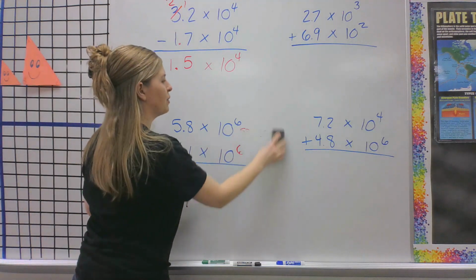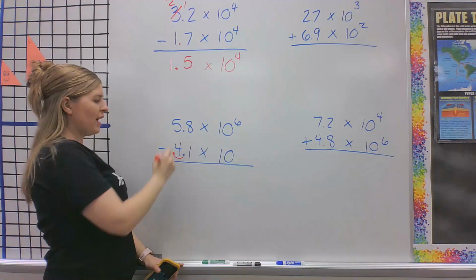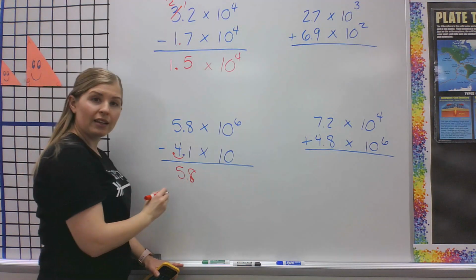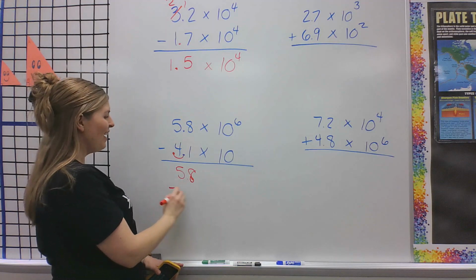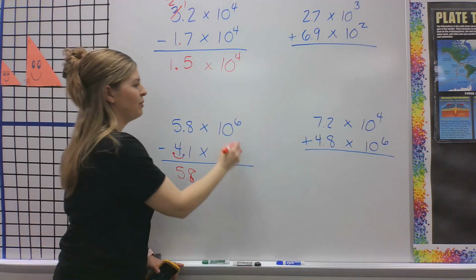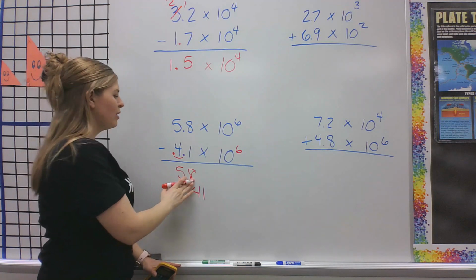All right, so I'll just erase that, for clarity purposes. So now we have 5.8 minus 0.41. So we have 10 to the 6, 10 to the 6, because I moved my decimal over in the second number.